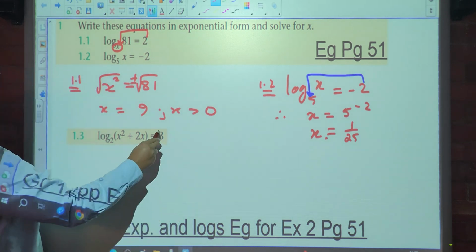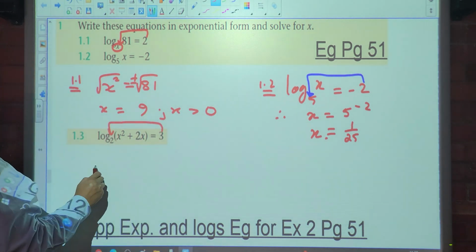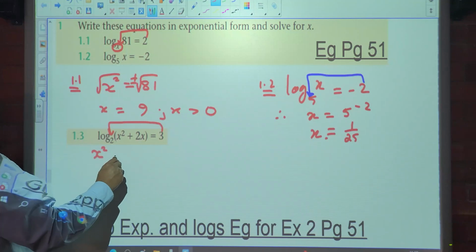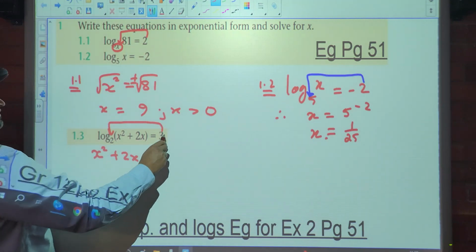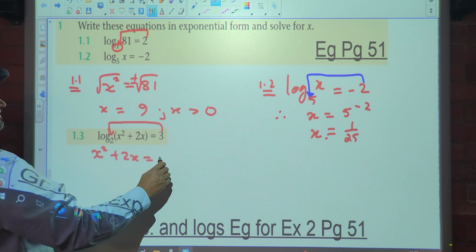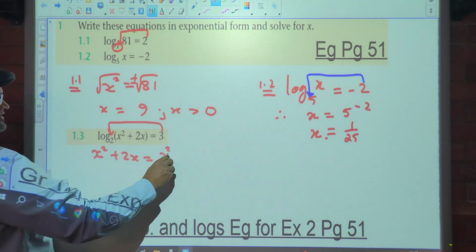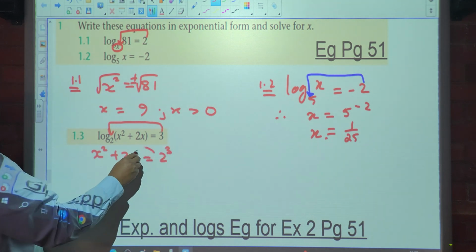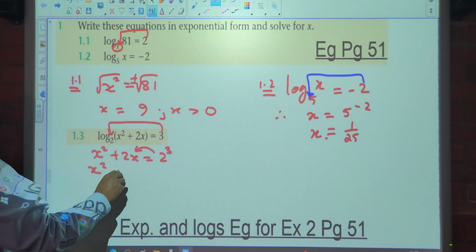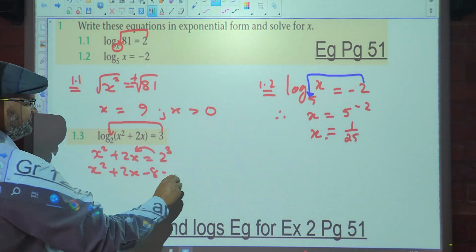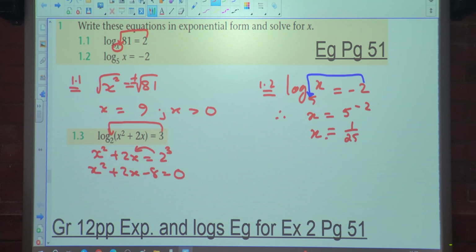So what we do is we write that onto the 2. So in other words, x squared plus 2x is equal to 2 cubed, which is 8. Bring that over. So it becomes x squared plus 2x minus 8 is equal to 0. So that's a trinomial to us now. Not so? So what do we do?